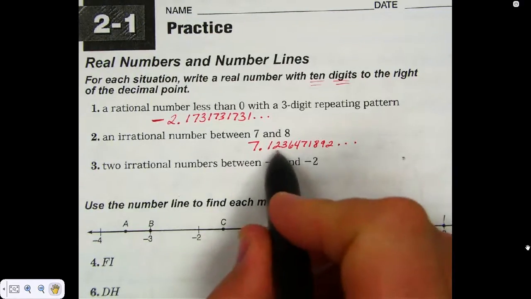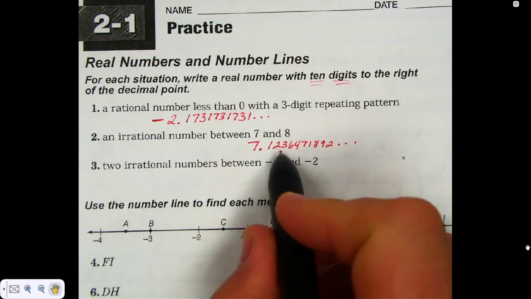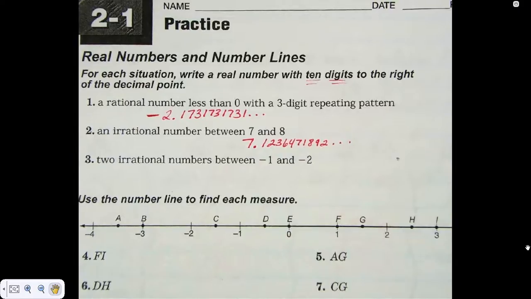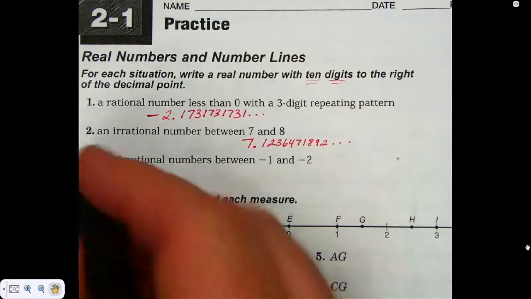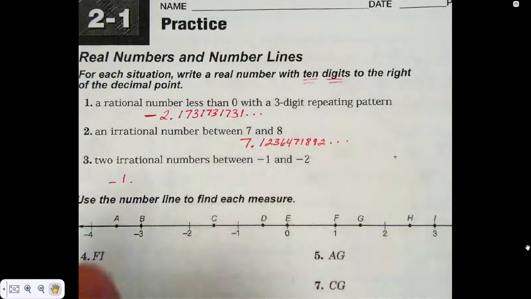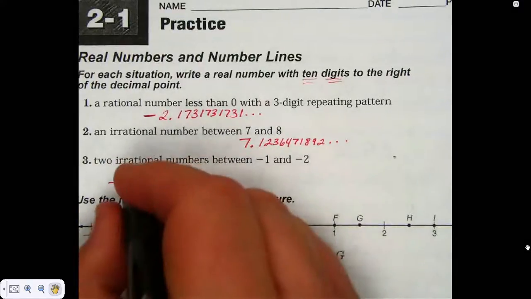Okay? 2 irrational numbers between -1 and -2. So -1 point, we're going to take it to 10 decimal places. Tell me numbers. 4. 7. 9. I'm waiting. 4.